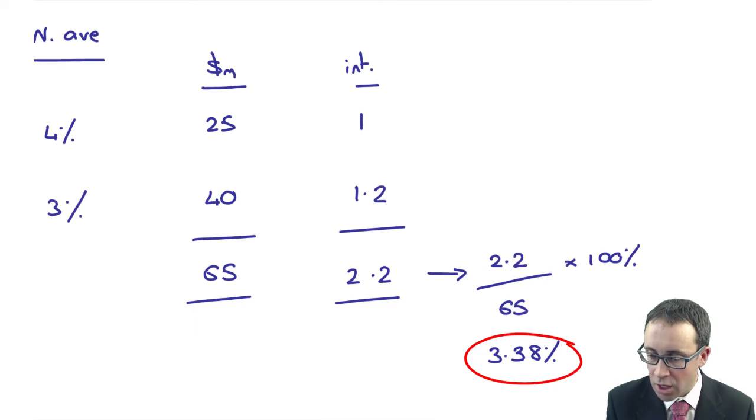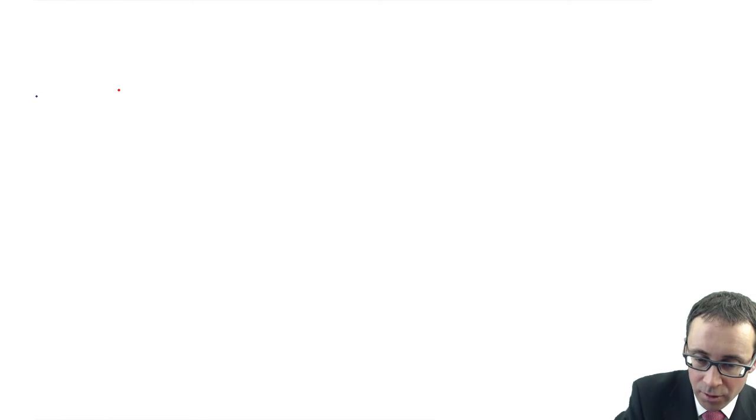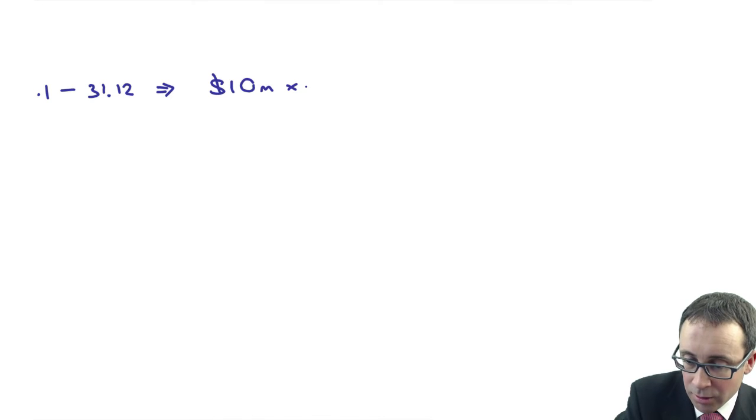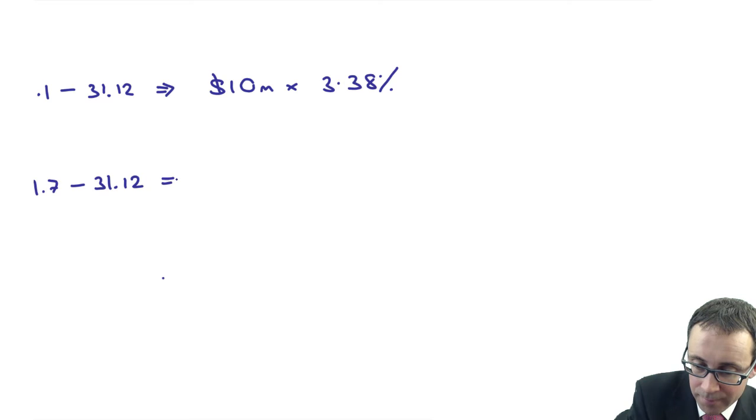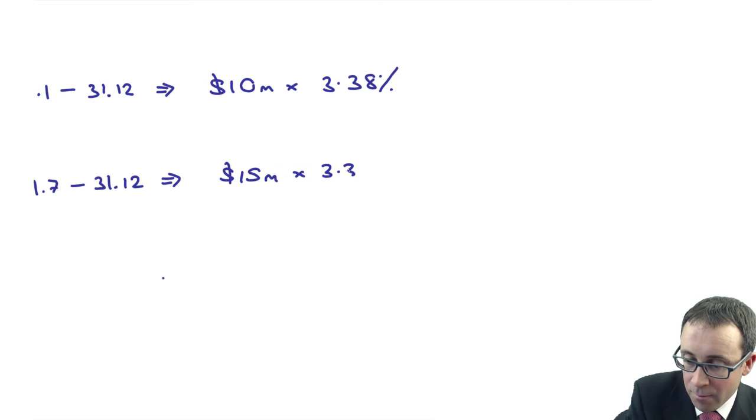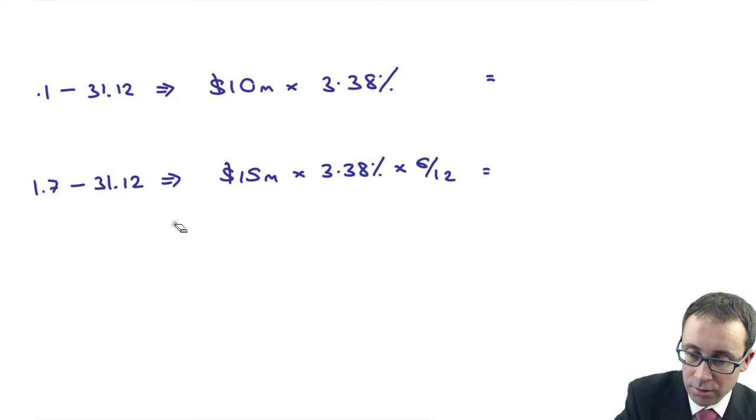So from the 1st of January right the way to the 31st of December, we took out $10 million at 3.38%. And then from the 1st of July to the 31st of December, there was $15 million. Again, we used 3.38%, but be careful, it is now for 6 months.